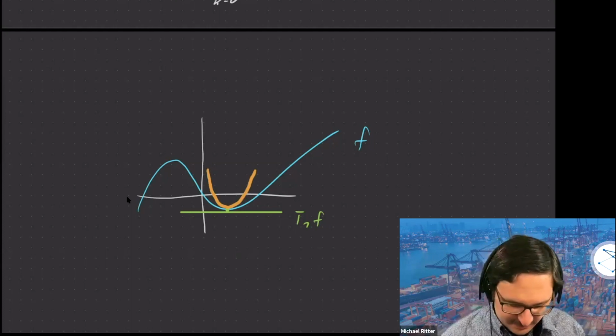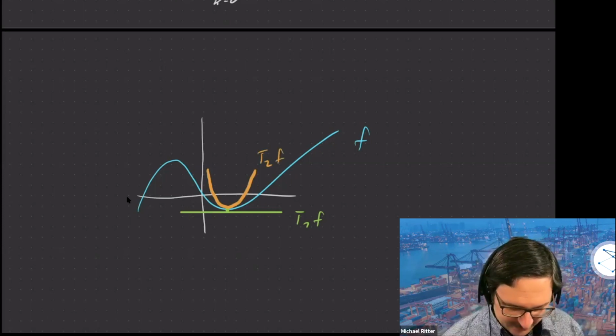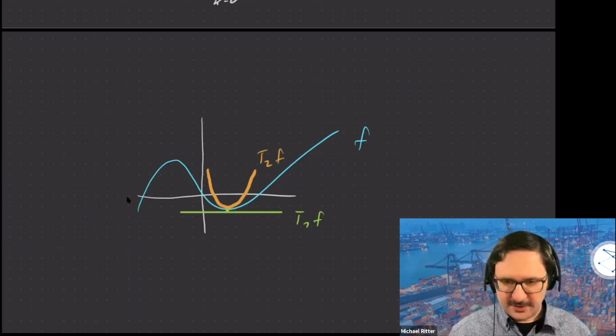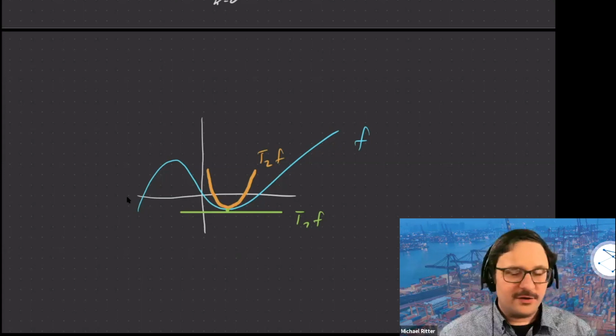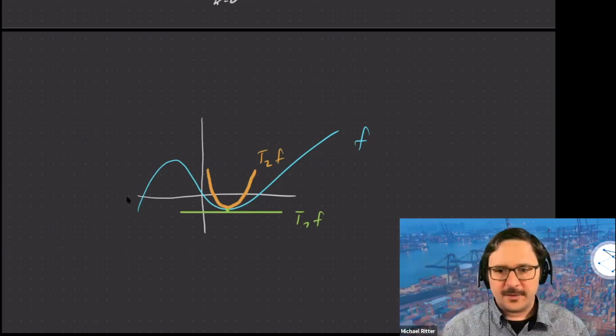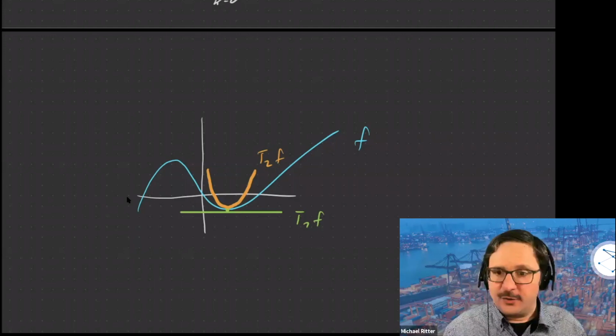So that might be T2 here at that specific point. And as you can see, that will provide a better approximation, at least as long as we're close to that point. And hopefully the approximation would get better and better as we increase the degree, and work on a more global scale. That's the idea. So you want a better approximation than you can get by just the tangent.